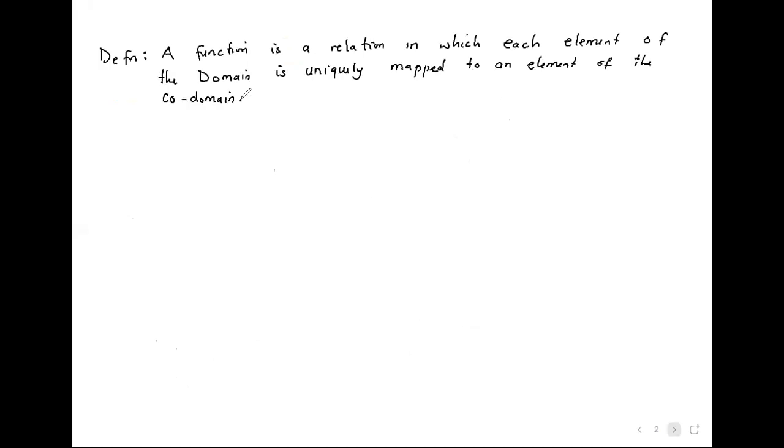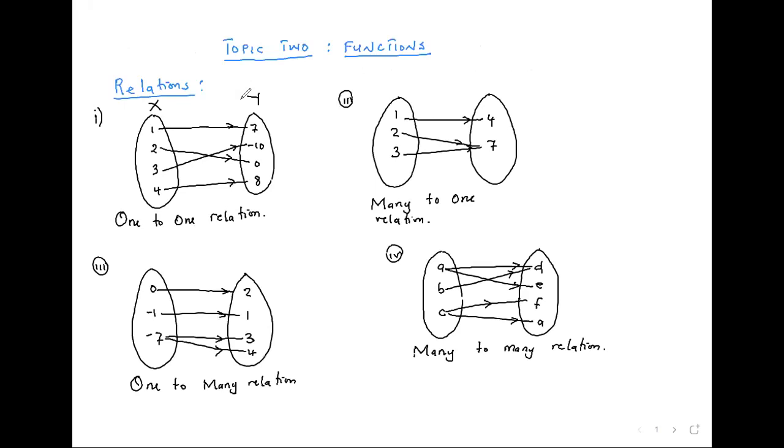So we are saying a function is a relation in which each element of the domain is uniquely mapped to an element of the codomain. So if we go back to the relations, we'll notice that in the first one, each element is mapped. And since there's only one arrow from each element, we are saying each element is uniquely mapped.